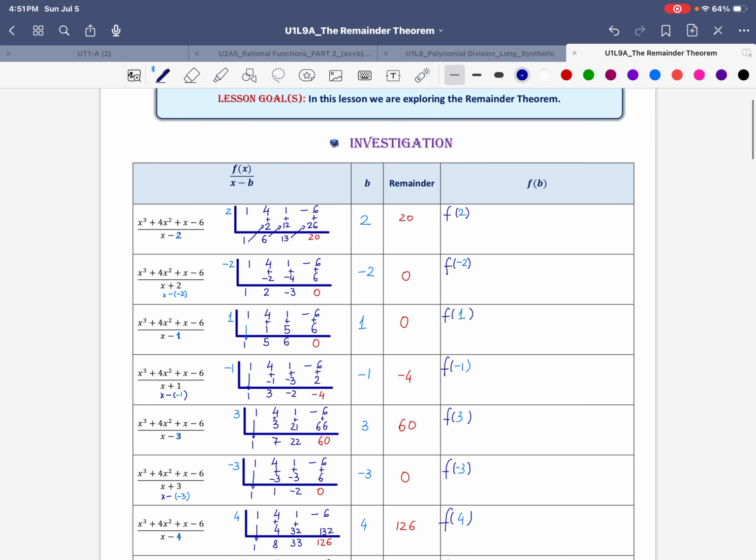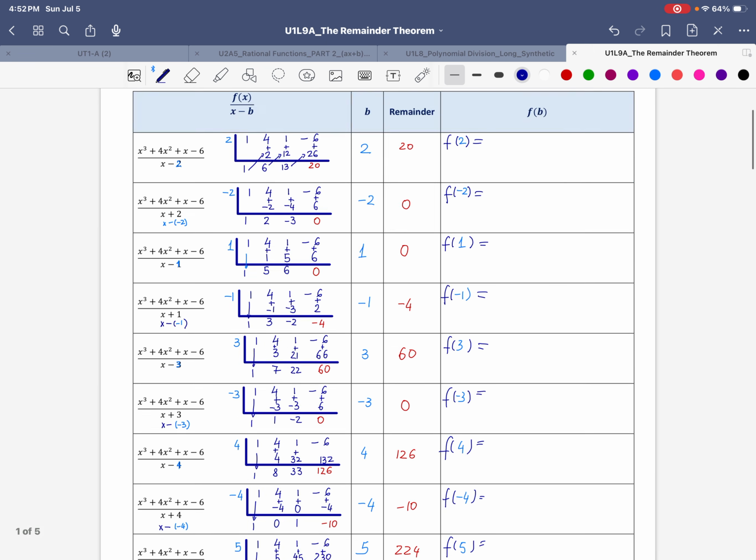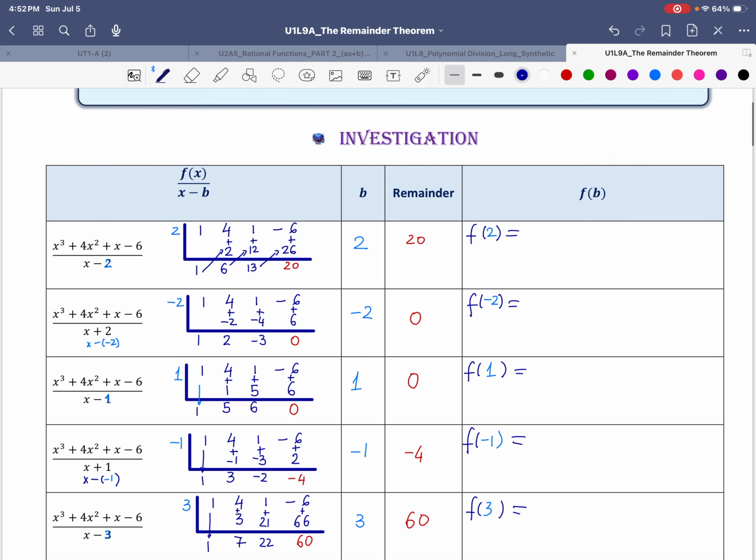So evaluate the functions at the indicated values of b, or x for the function, by substituting these values into the equation. So what we have in this case is, wherever we see x again, b is coming into play.